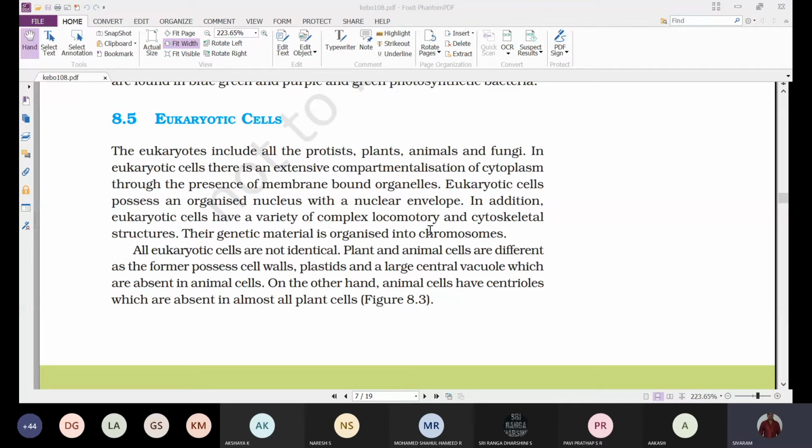In addition, eukaryotic cells have a variety of complex locomotory and cytoskeletal structures. Generally in prokaryotes, the locomotory structures are flagella with simple organization only. But in eukaryotes, we'll find different types of locomotory structures with a complex organization.